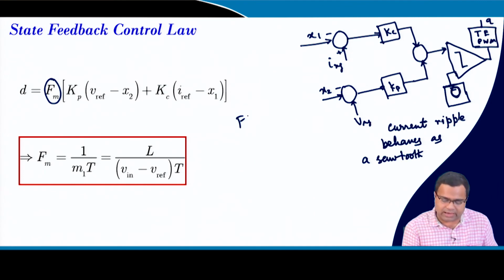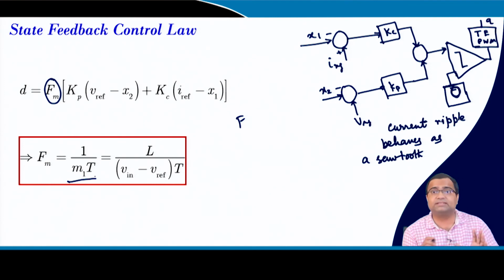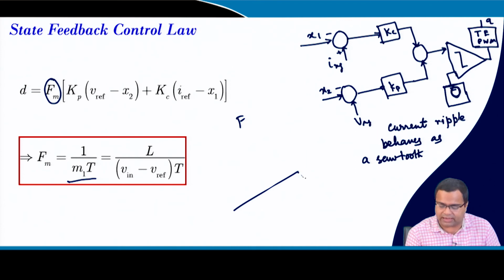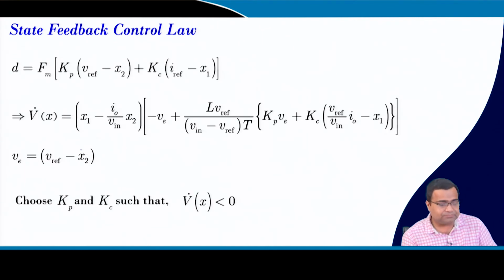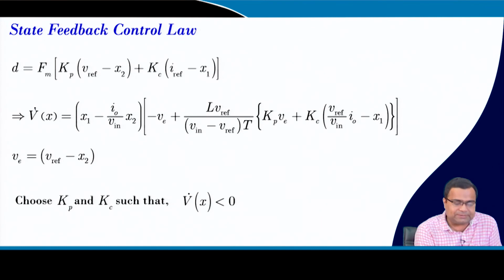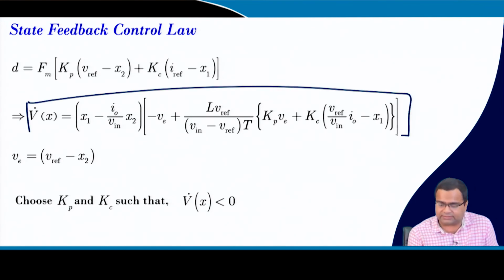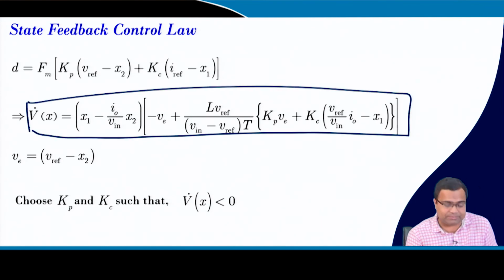So, the modulator gain is nothing but the rising slope of the current, because the rising slope of the inductor current will act like a sawtooth waveform. So, this slope is M1 and we are using M1 for the modulator gain. If you substitute, then this expression V dot x will look like this.